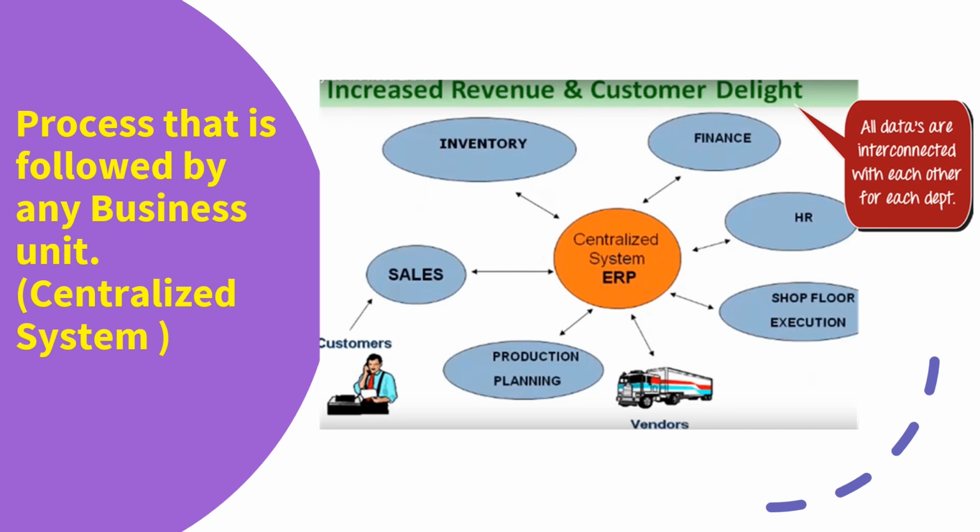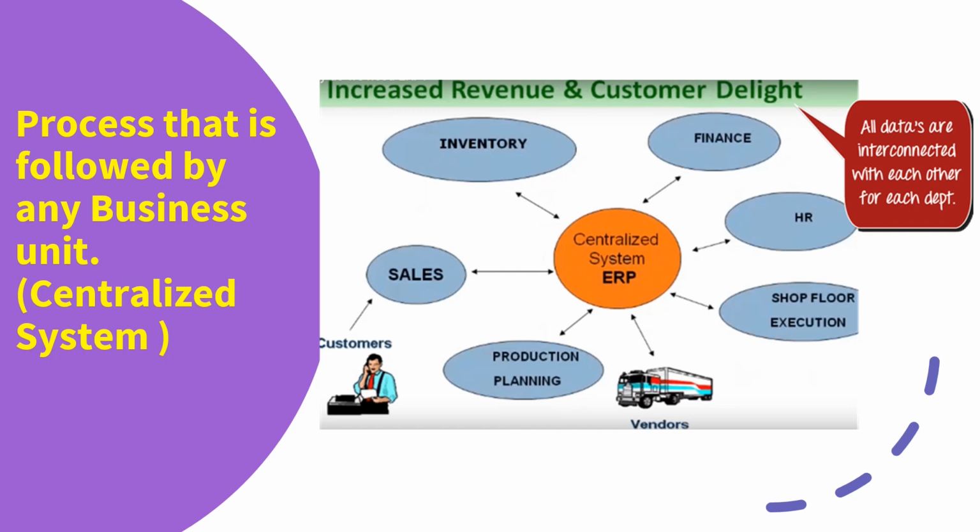Sales team respond to the customer request on time, and it leads to revenue increment. Also, the customer will be happy with this kind of response. In case manufacturing is required, the sales team updates the centralized database so that the department remains informed about the manufacturing as well. So the production planning department is also updated by the central database for the requirement.